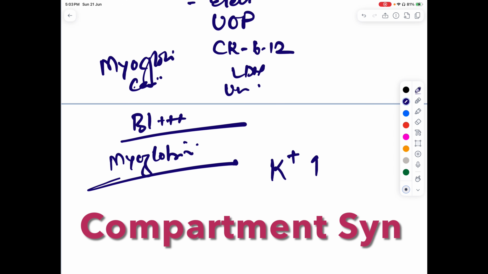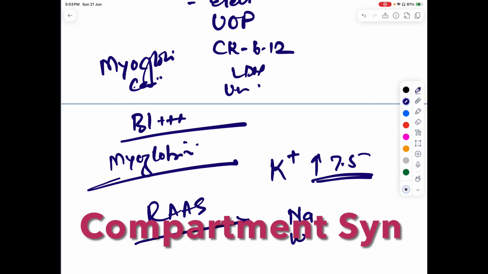Potassium will be raised to 7.5. Why is it high? Since the patient is in a hypovolemic state, the renin angiotensin system is activated, causing sodium and water retention, and potassium is lost.